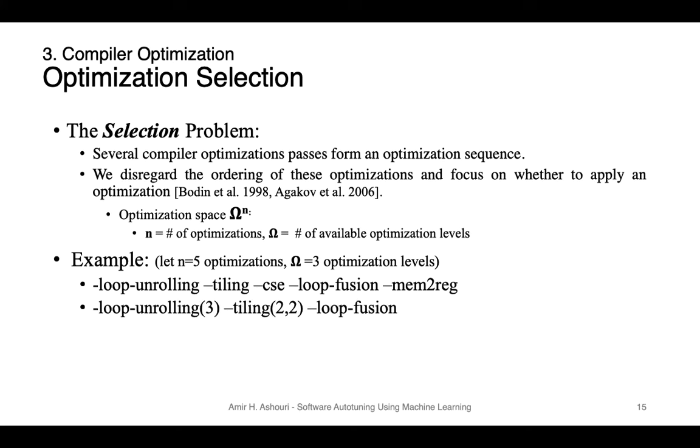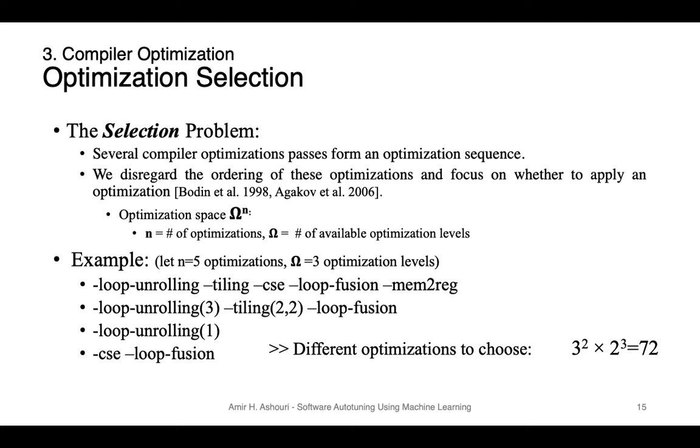Another variant would be loop unrolling to the factor of 3, tiling 2, and loop fusion, and we disable the other 2. The other one would be, sometimes we can only use loop unrolling once, right? And the rest are disabled. And you see, by having these 5 only, we have 72 different variants. And each of those variants can lead to another binary having distinct performance metrics.